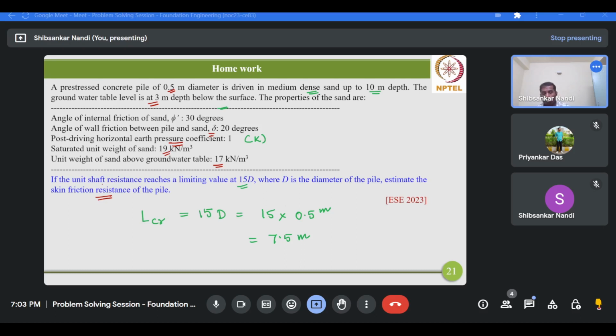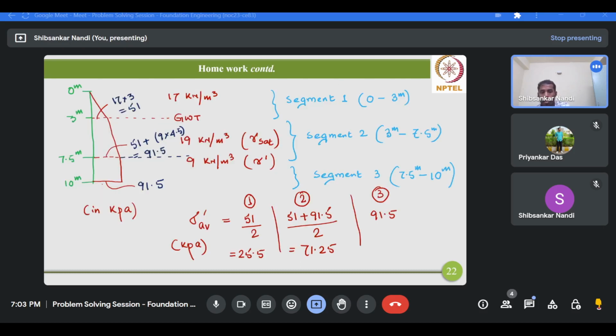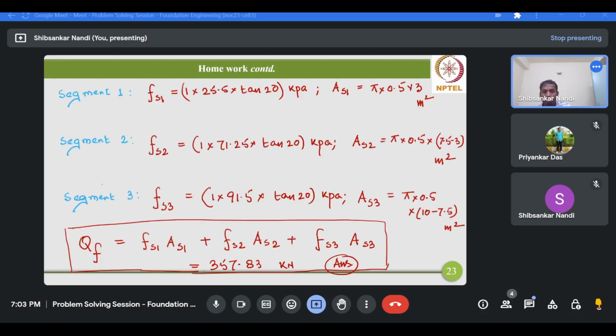A small part I have left to you, so please try this part at home and let me know in the next session if you encounter any problems or face any difficulties.